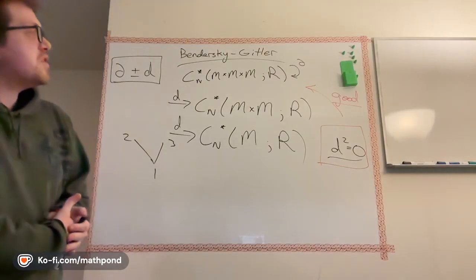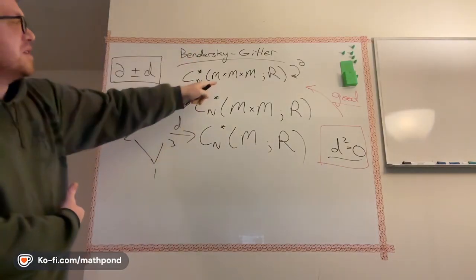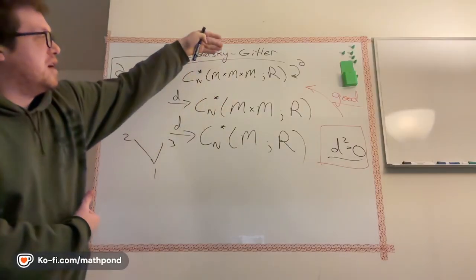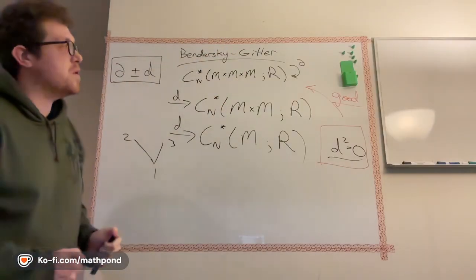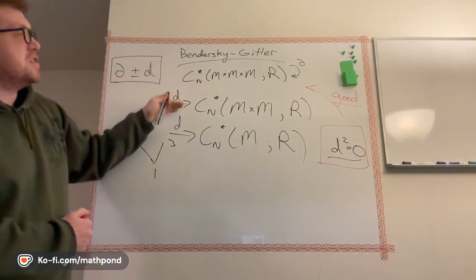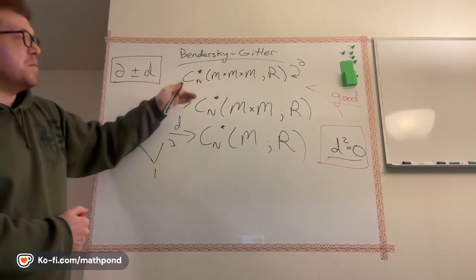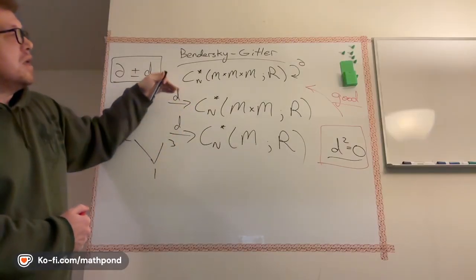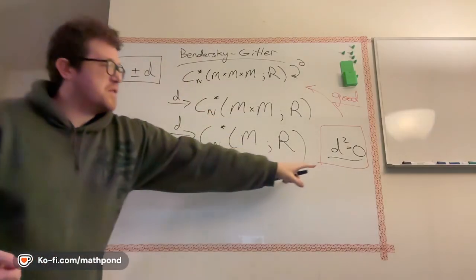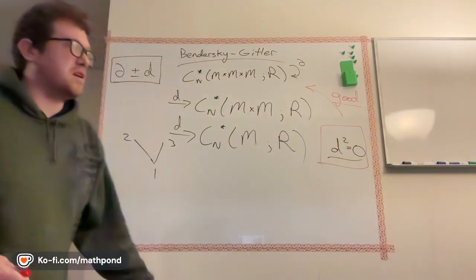So what we want to do is take the same complex, but instead of Cartesian products, we want tensor products. And we know that these spaces are up to homotopy the same, but we need to add in correction terms if we're going to be computing with d squared equals 0 again.